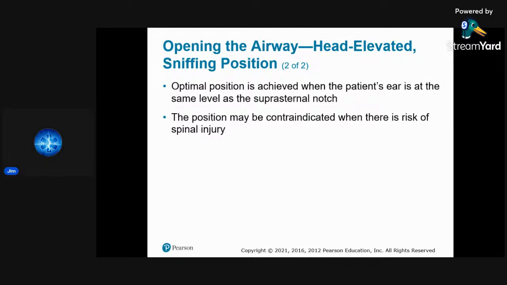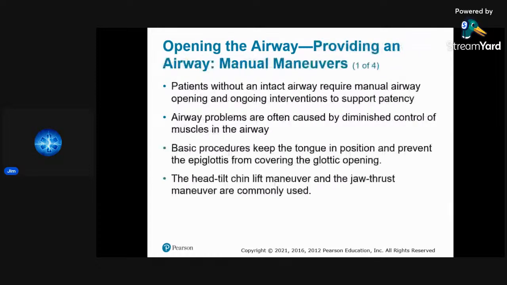The optimal position is achieved when the patient's ears are at the same level as the suprasternal notch. Super means above, so just right above the sternal notch. And if we're worried about spinal injuries, this may be contraindicated, right? So if we have time, we're going to do manual stabilization, stabilize it as we're doing the airway.